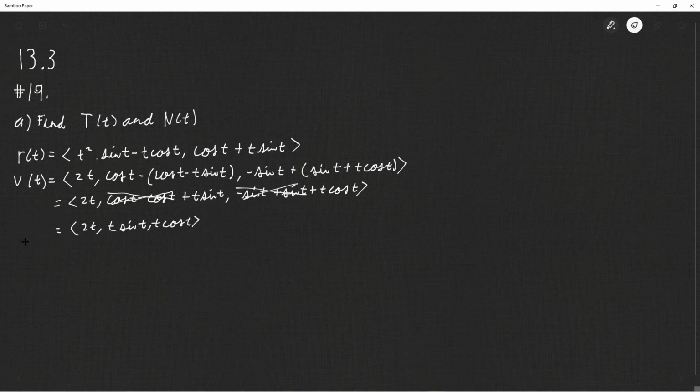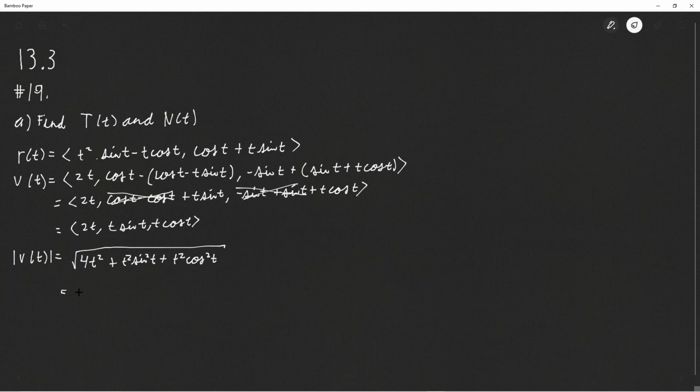And now to find our tangent, we not only need our velocity, but we need to find the magnitude. So this will give us the square root of 4t squared, because we just have to square all of the terms, plus t squared sine squared t plus t squared cosine squared of t.